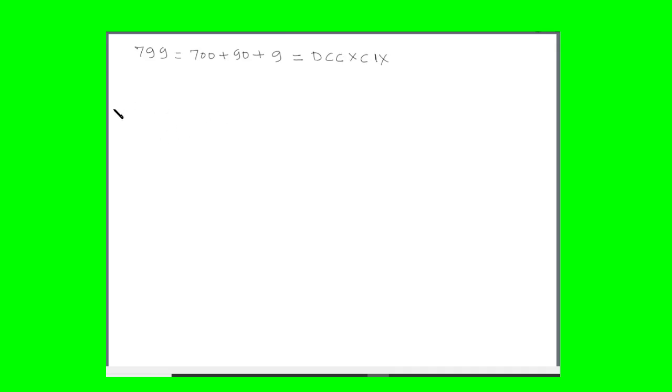Now we go to 4-digit numbers. 1567, which is written as 1000 plus 500 plus 60 plus 7. 1000 is M. 500 is D. 60 is LX, 50 plus 10.